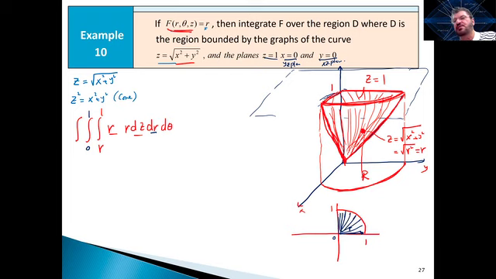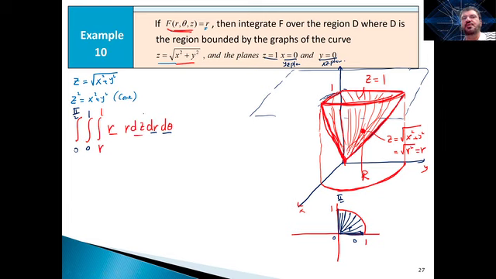Where do we stop at? We stop here. What is this theta here? Theta is going to start from here, which is 0, up to, you know, this is vertical. We know that here it's pi over 2. So up to pi over 2. That's it, guys. This is how you integrate that one. This is the finishing of this shape.